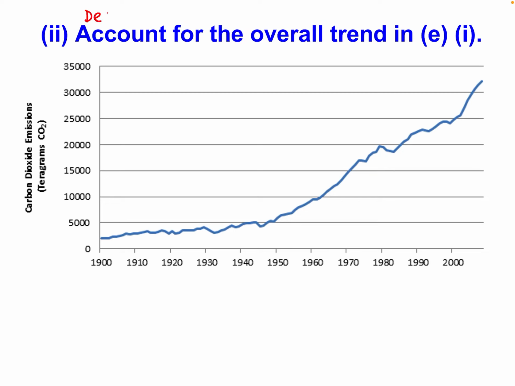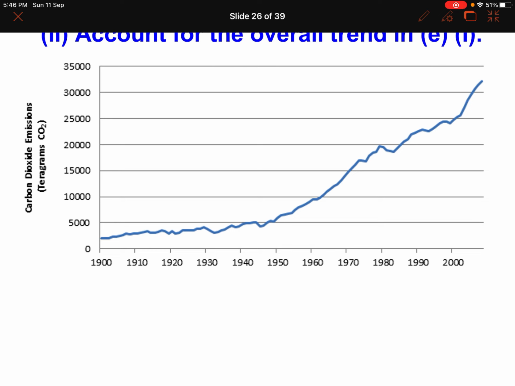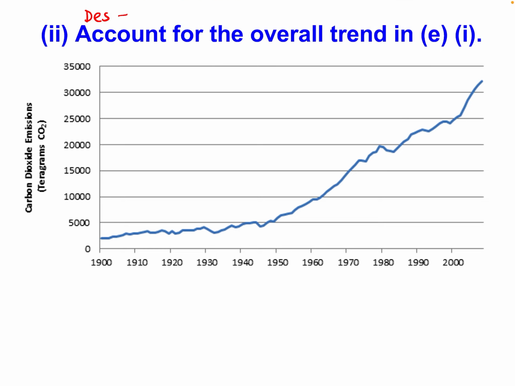It means describe and explain. It's very commonly seen in the DSE exam. They give you the trend and ask you to describe it, which we finished in question 1, and then account for, where the focus is more on explaining the reason for the trend.